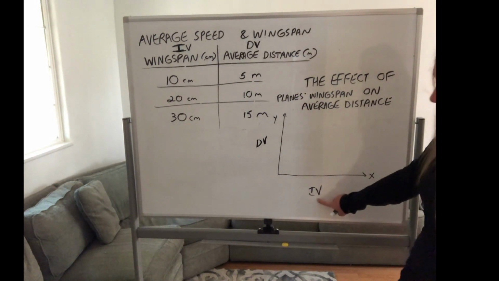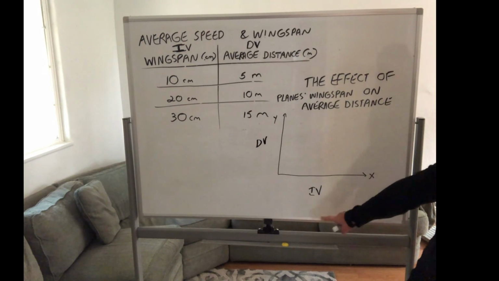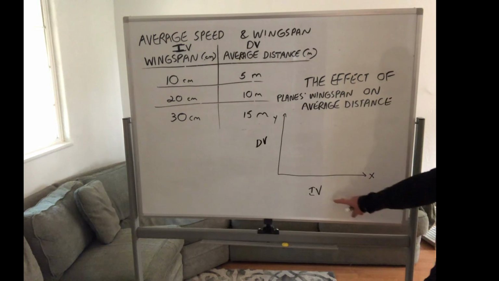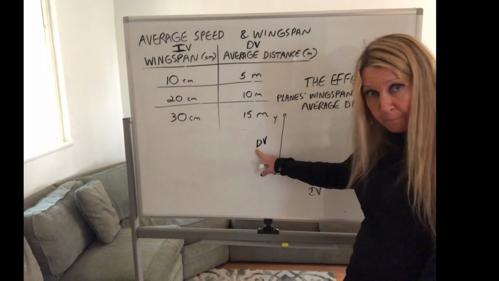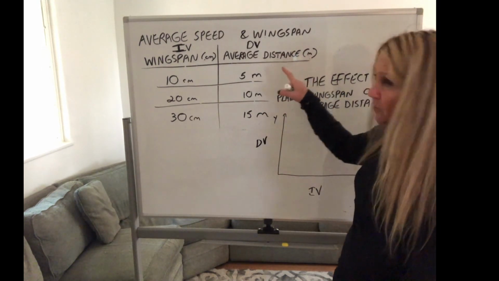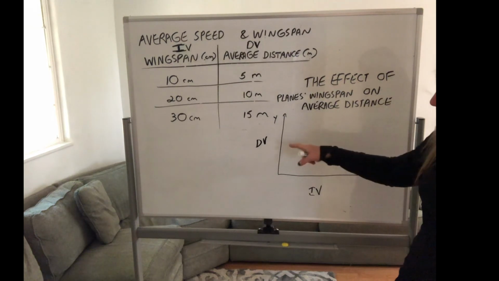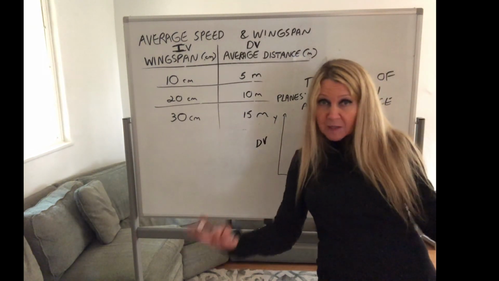Okay, so I'm going to have down here, I'm going to have wingspan. I'm going to write it out. So we have to label the axes. Wingspan, and over here, the average distance with the units included. Okay, so that's important. Label with the units. And then we're going to graph them and see what we get.